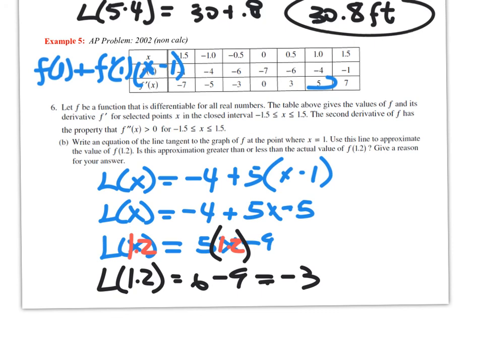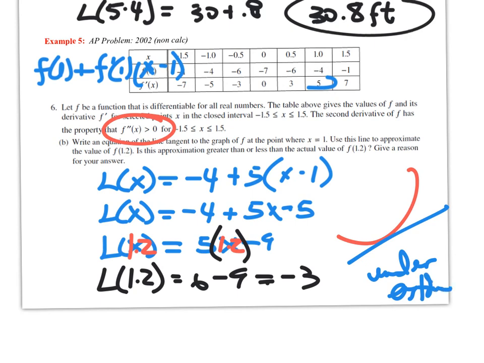I'm told that f double prime is greater than 0 for all values between negative 1.5 and 1.5. So that means our function is concave up, so our linear approximation would be an underestimate. Not well written, but you get the point. All right, that is 4.5, day number 2.